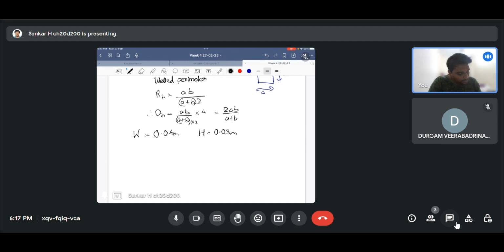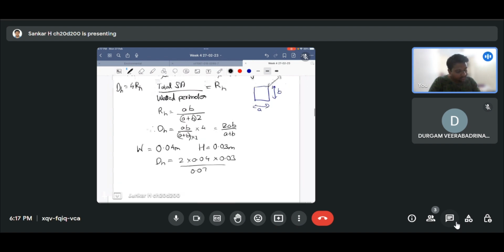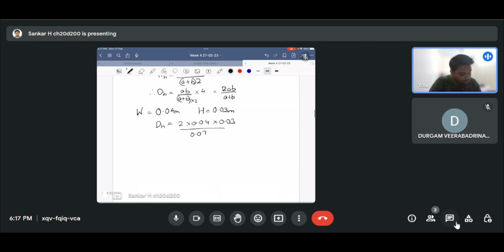So moving on to finding the hydraulic diameter, we'll substitute this into this equation. We'll get this as 2 times 0.04 times 0.03 by 0.07. We substitute this hydraulic diameter equation into the equation for Reynolds number, which is rho times V times dH by mu.